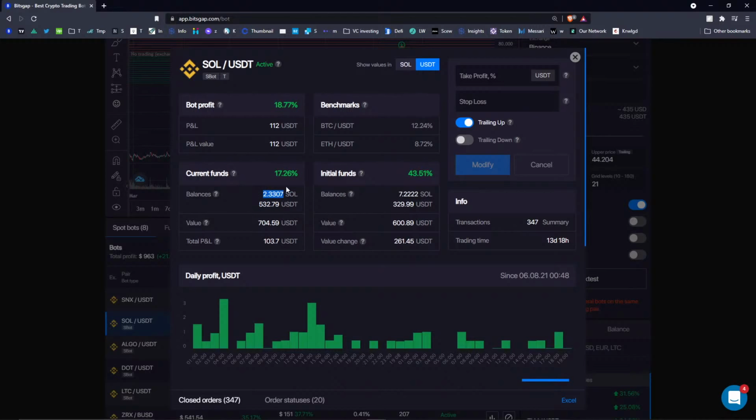Right now it has a balance of 2.3 Solana, compared with the initial 7.2 Solana, and 532 USDT. The current value of these whole holdings is exactly 700, and the total PL is $103.